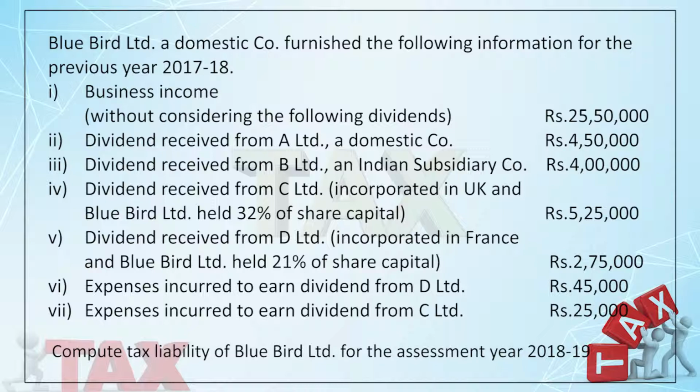So, if you go into detail of this problem, you can find that there are two companies which were incorporated outside India. That is, company C Limited has been incorporated in UK and company D Limited is incorporated in France. So, both the companies are foreign company. In this case, you have to consider the provision of section 115 BBD.